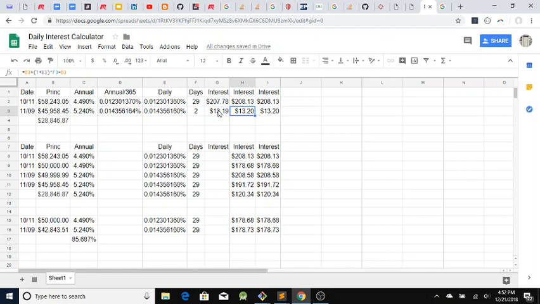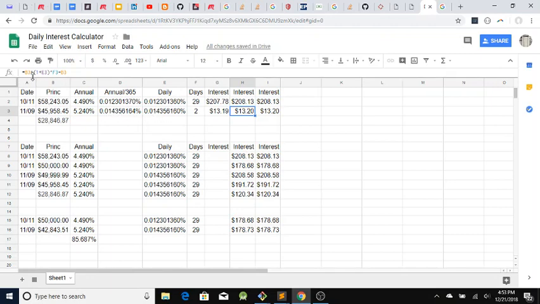So similar thing. Let's do it with this number too. You see B3, which is here, this principal balance, 45,958.45, and you multiply by 1 plus the daily interest. Daily interest is 5.24 divided by 365, which is this number.